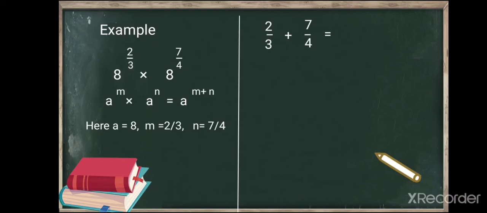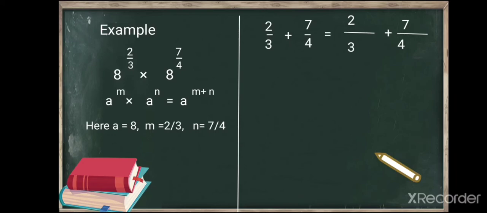This addition is not possible because their denominators are different. So we have to first match the denominators, to equalize both denominators. Here we will first find the LCM of 3 and 4. So the LCM of 3 and 4 is 12.